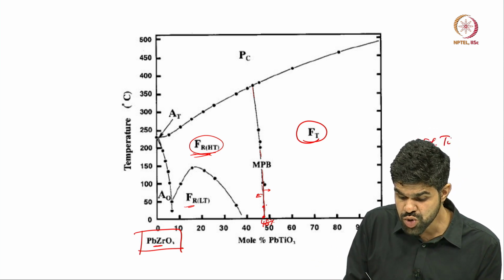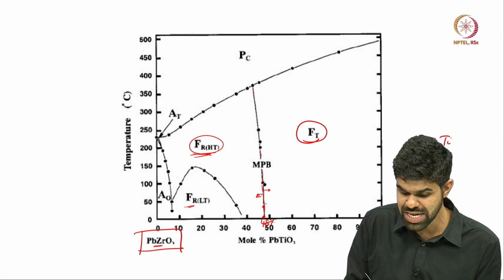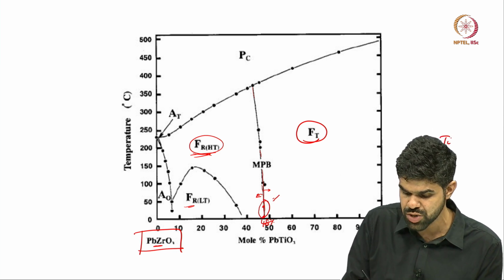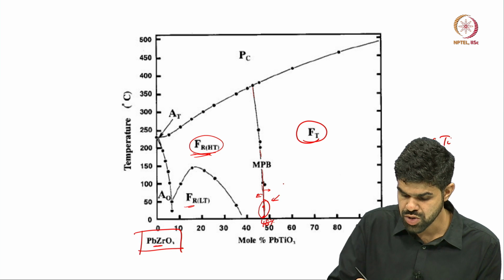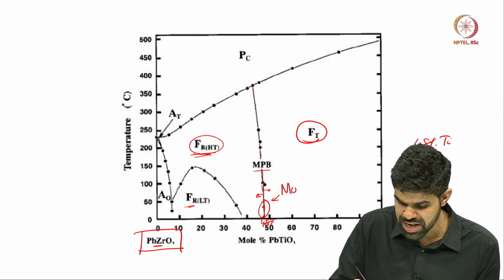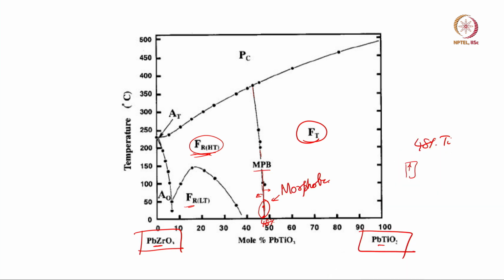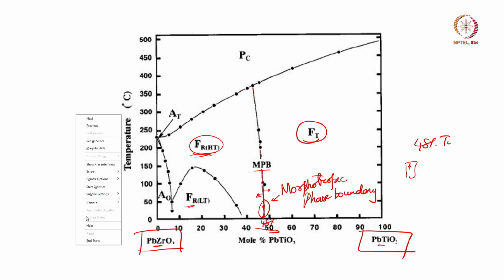PZT will have a huge polarization, huge susceptibility near this phase boundary, right. So near what is called a morphotropic phase boundary. Here, by changing the composition, PZT is going to undergo a phase transition from a rhombohedral phase to a tetragonal phase, right.